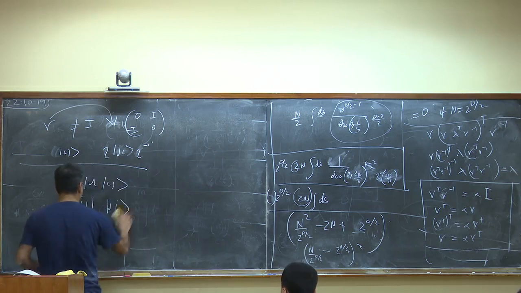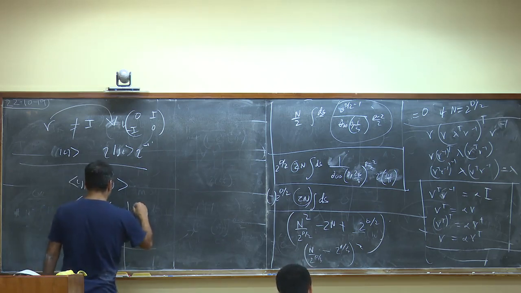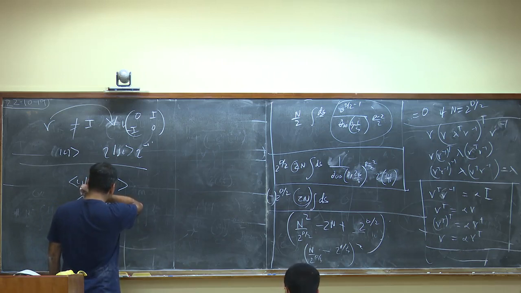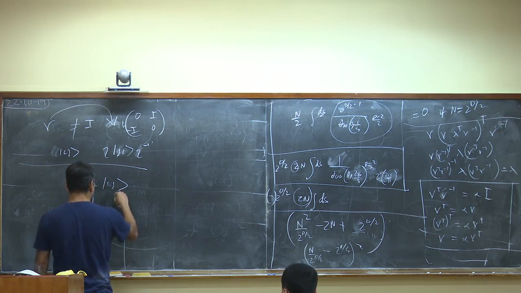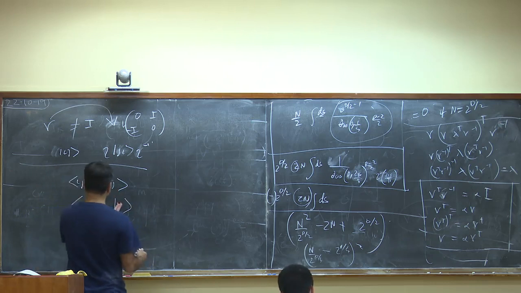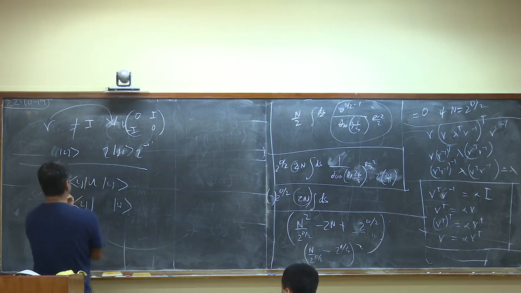We have gamma i alpha. Just a minute, sorry. What we have to do is take ij, then on that do the transpose and multiply by these things.